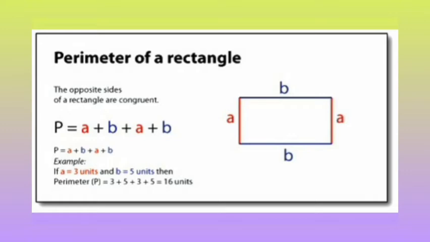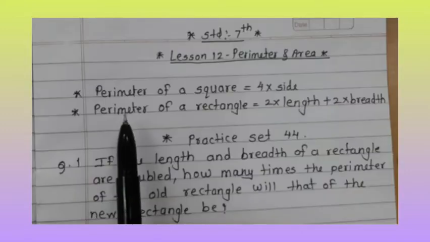So the perimeter P is equal to A plus B plus A plus B. For example, if A is equal to 3 units and B is equal to 5 units, then perimeter P is equal to 3 plus 5 plus 3 plus 5, that is equal to 16 units.